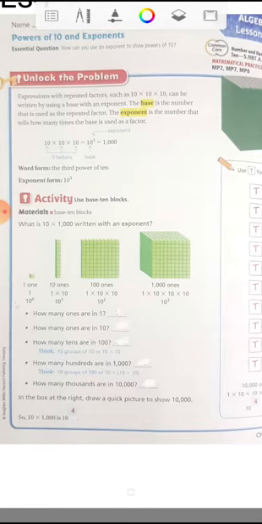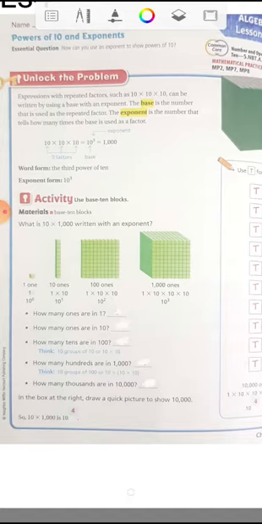We describe the ones digit by using this cube. If you want to write this 1 by using the powers of 10 or as an exponent form, look, you have to use the base 10, of course, and you have to put the number of repeated factors.